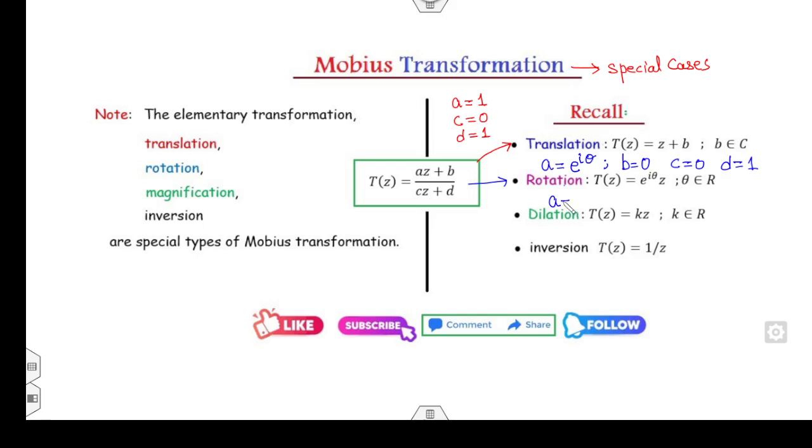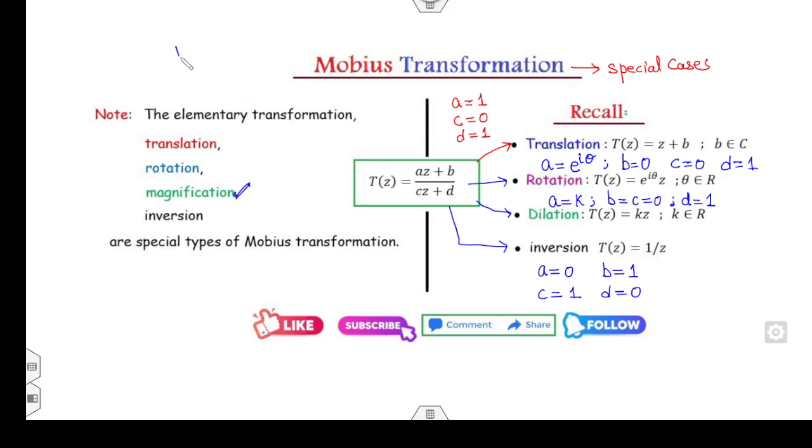In the case of dilation, if I substitute A equal to K, B and C both 0 and D equal to 1, then the Mobius transformation becomes a dilation. Dilation is also known as magnification. And the last case is if you take A equal to 0, B equal to 1, C equal to 1, D equal to 0, then the Mobius transformation becomes inversion.